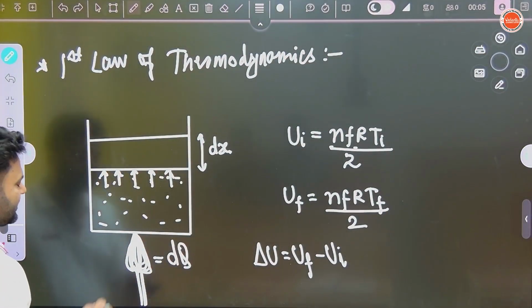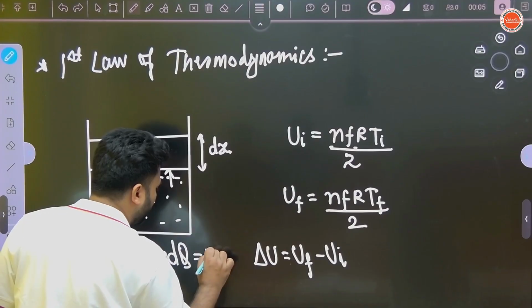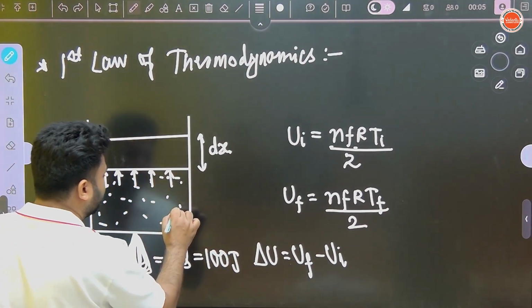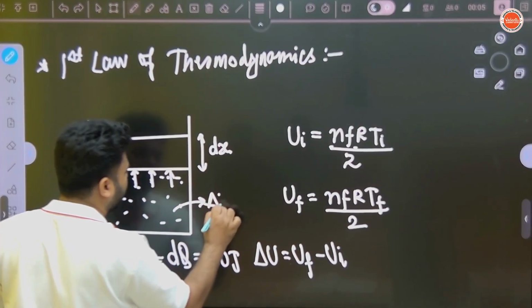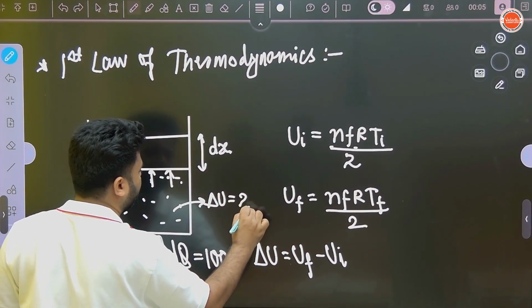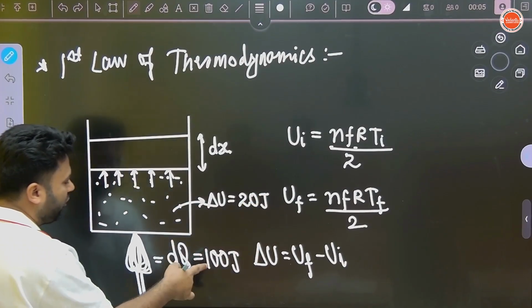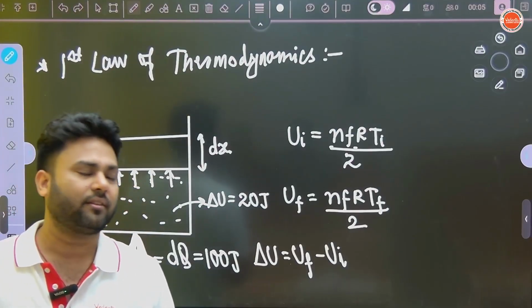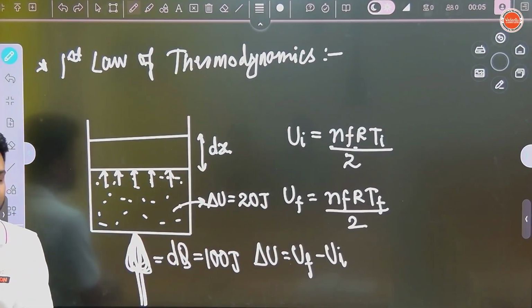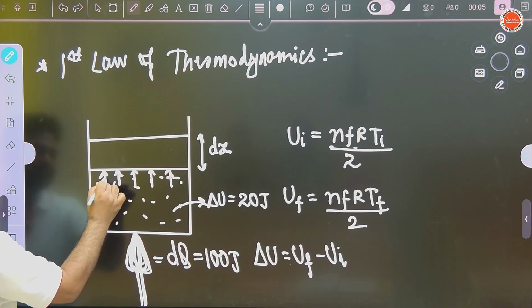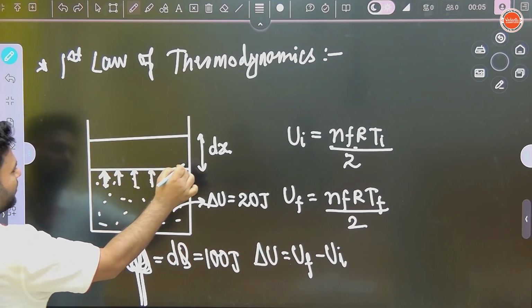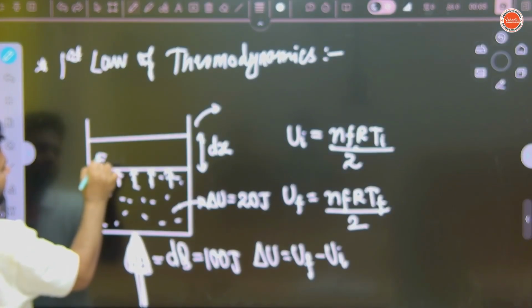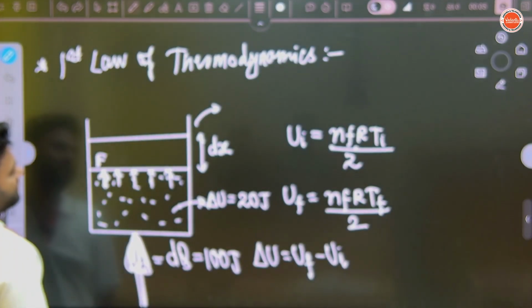Suppose you are providing 100 joule of heat, there will be some change in internal energy of this gas. Suppose this is 20 joule. Out of 100, this 20 joule is used in changing the temperature of the gas, and the rest energy is always conserved. The rest of the energy, the gas uses to do work. There is work done by the gas, because it is applying force and displacement of the lid is there.